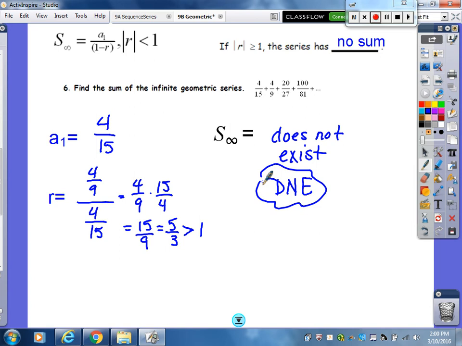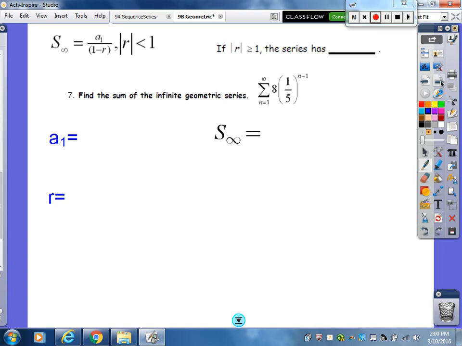All right, one more example. This one just has different notation. So we're able to pick out the things in different notation here. So here again, I need my a sub 1, which in this case is 8. My common ratio is 1/5. All right, 1/5 is less than 1, so that means I can continue and use my formula.